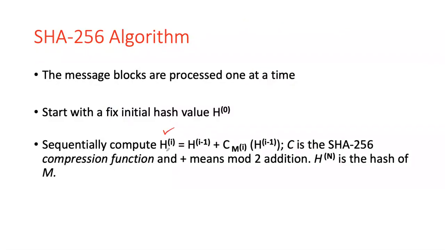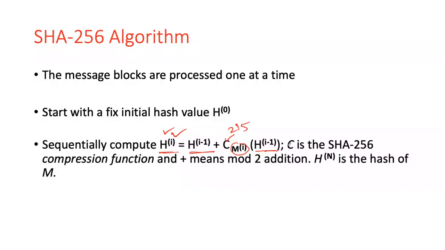So how is it calculated? The new hash value is calculated based on the previous hash value plus the message, which is given as an input to your compression function, which takes the intermediate value of 256. By adding these two, it will generate the new hash value.